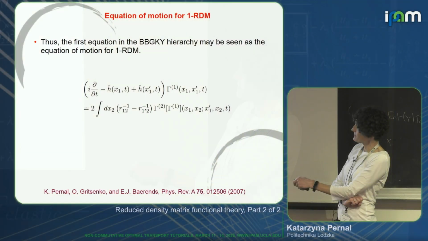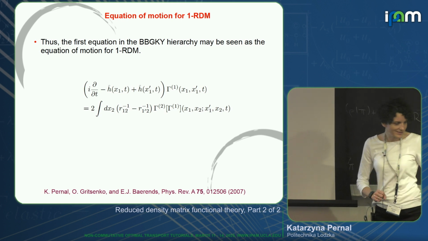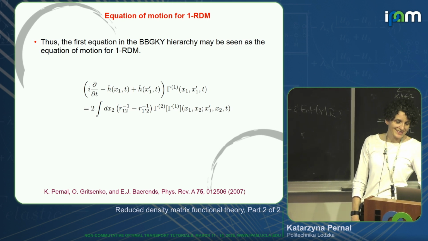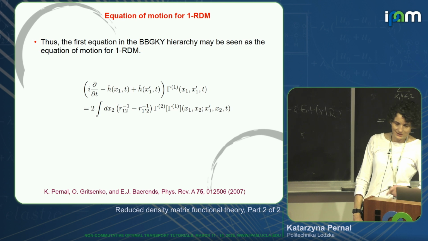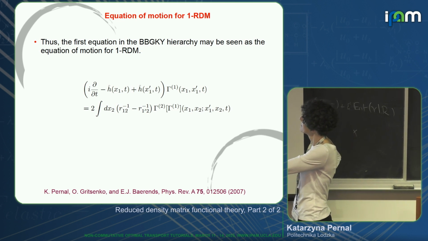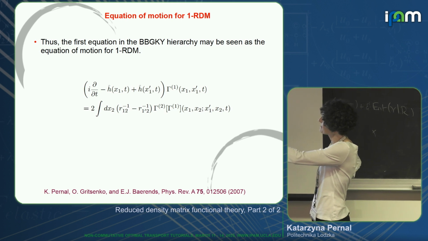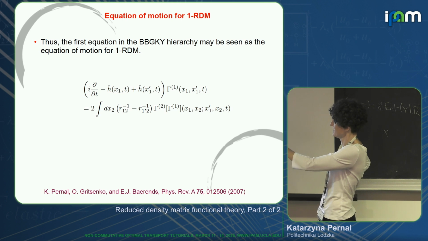All right, so we have arrived at this conclusion that the time-dependent 2-electron density matrix is a functional of the 1-electron density matrix. And that's what we were actually aiming for, right? We wanted to have an equation of motion for the 1-RDM, and that's it.